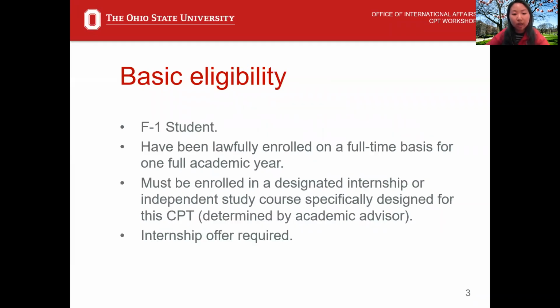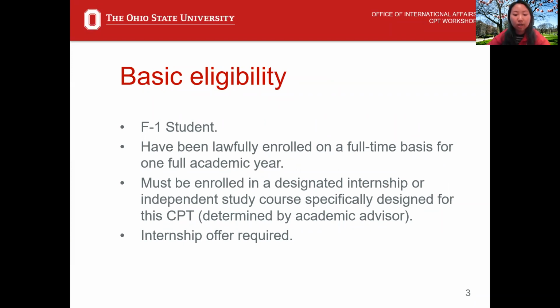So to go over the basic eligibility for students: first, they would need to be an F1 student. They would need to be lawfully enrolled on a full-time basis for at least one full academic year.